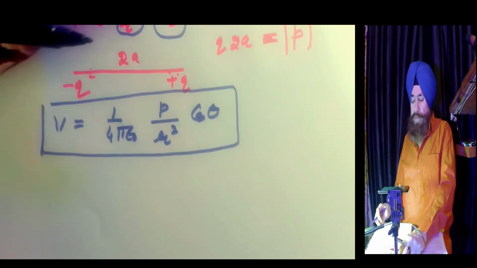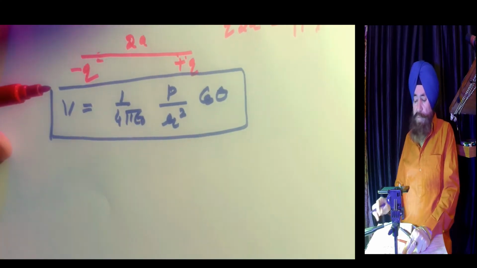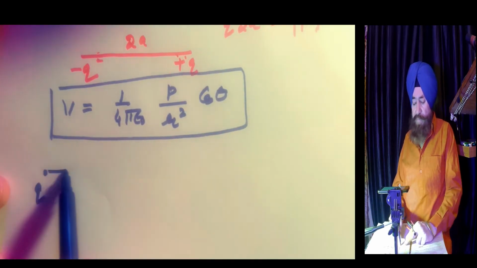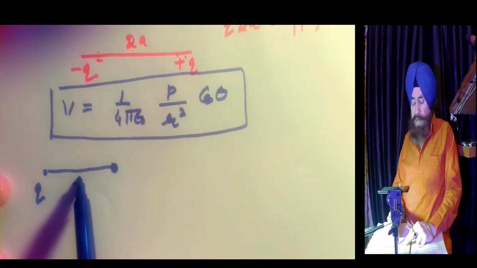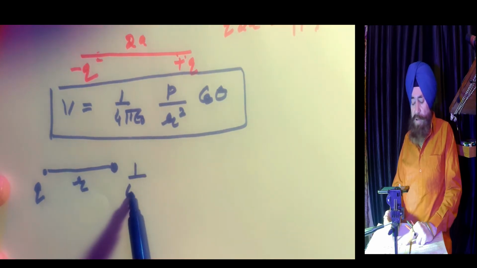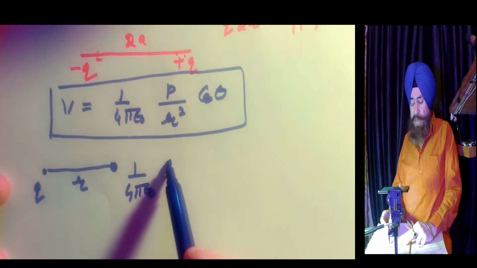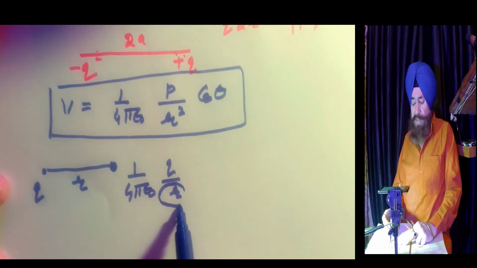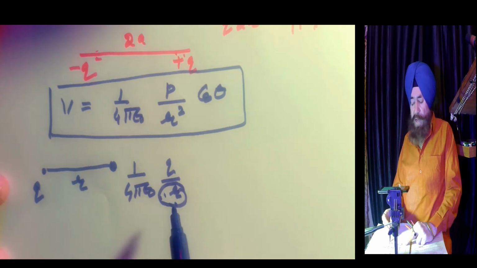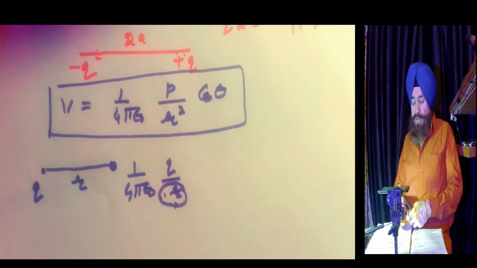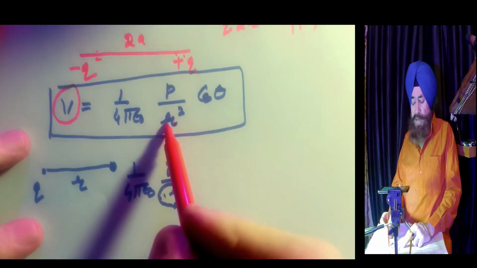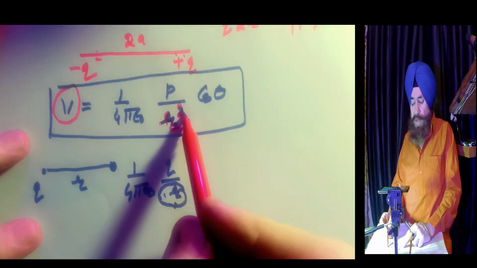Now, one thing is very important. If there was a single charge and potential at a distance R, that potential was constant q by R. So that potential varies inversely with single R. But in case of the dipole, potential varies not with single R, but with R square.